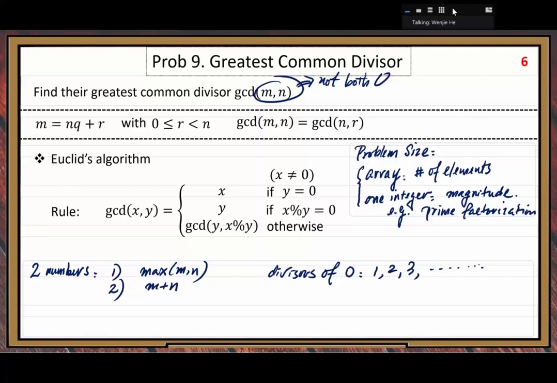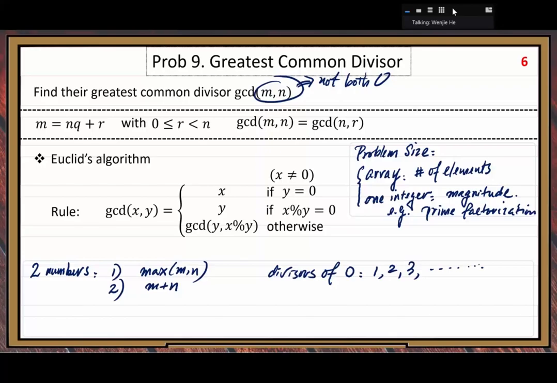If you have one number that is 0 and one non-zero, that's easy. That non-zero number is the greatest divisor, because it is a divisor of 0. It is also a divisor of itself, so you get a greatest common divisor.